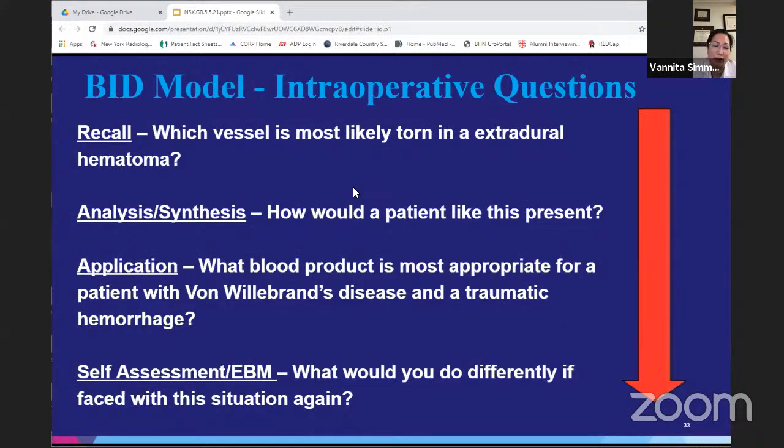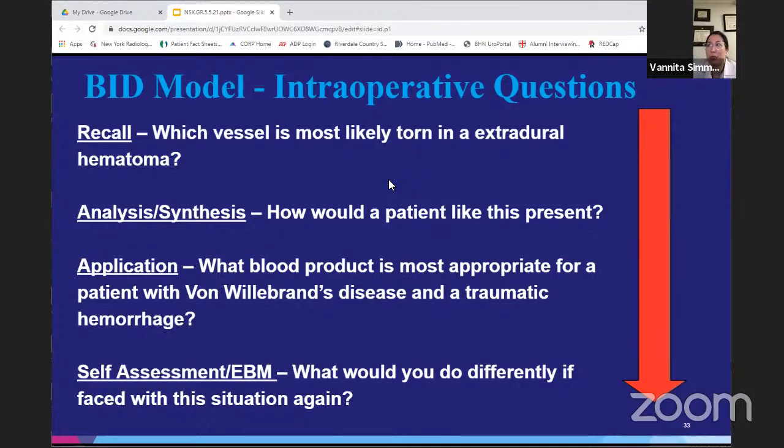And since I was going to be speaking to the neurosurgery group, I thought I'd look up some questions that could fall under these categories. An example of a recall question: which vessel, which is like an anatomy question. Analysis: how would this specific disease process present in this patient?